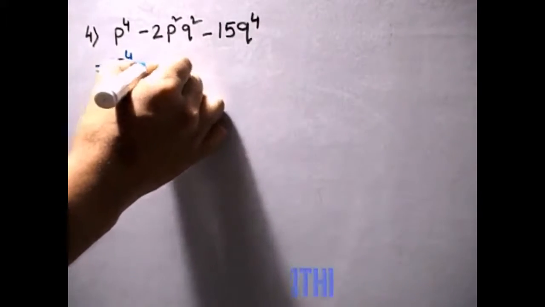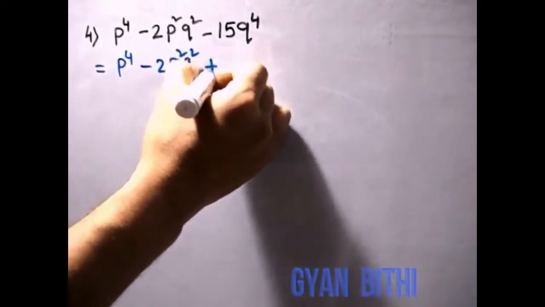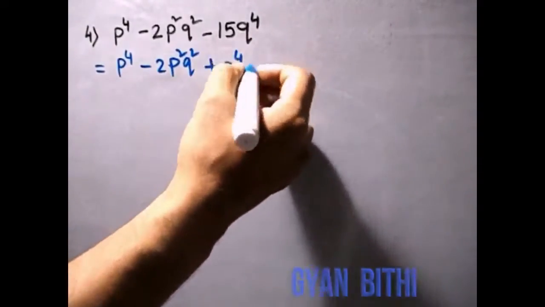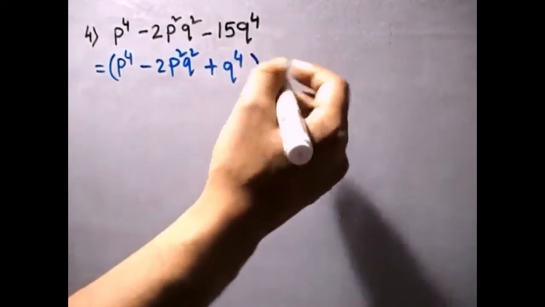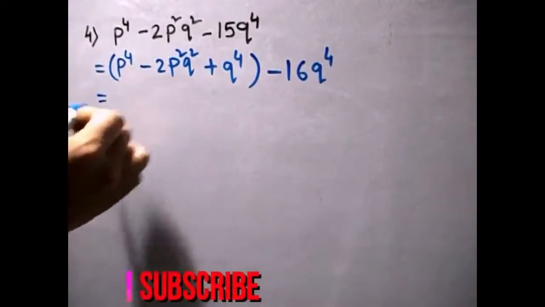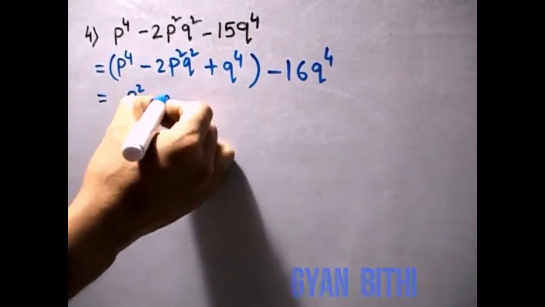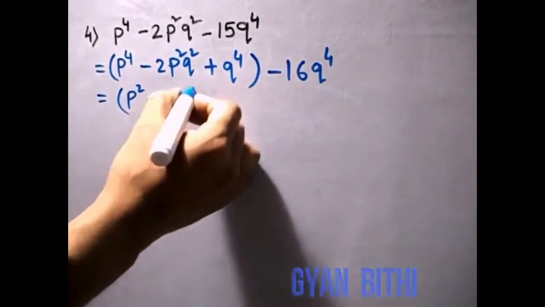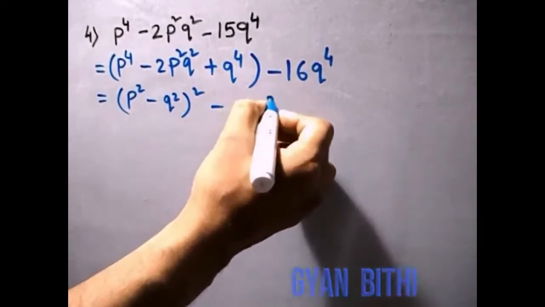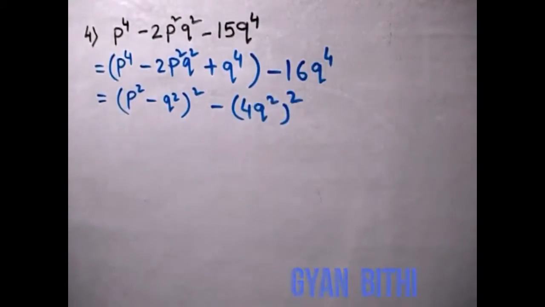p to the power 4 minus 2p square q square plus q to the power 4 minus 16 q to the power 4 equal to p square minus q square whole square minus 4q square whole square, that is a square minus b square form.